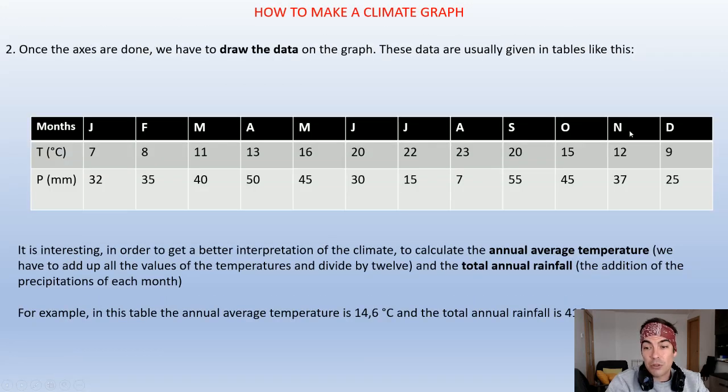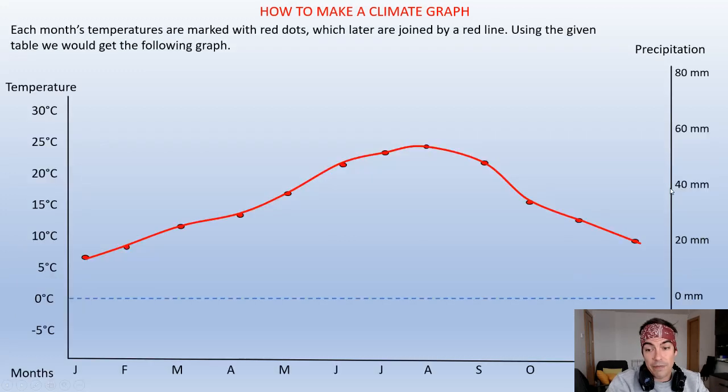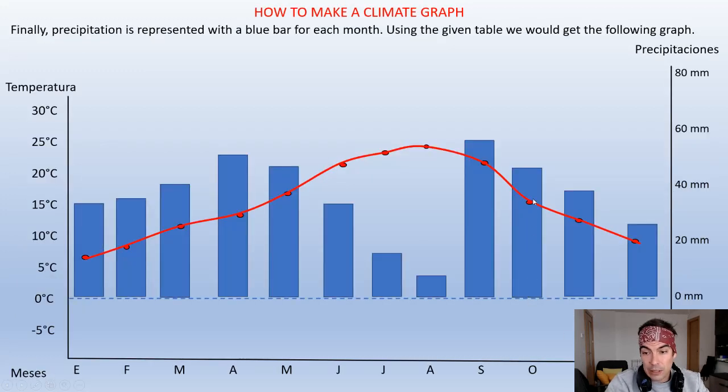For example, in October, November and December, we have 50 millimeters of precipitation, 37 and 25. Here, more or less 45, 37 more or less, and 25 millimeters. Okay, we do this with all the months, and then we have our climate graph completed.